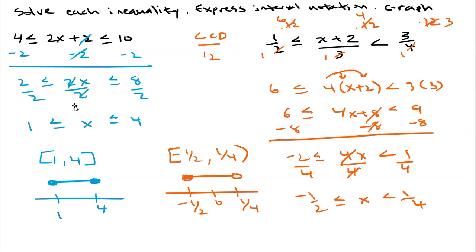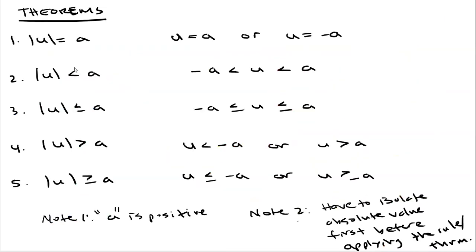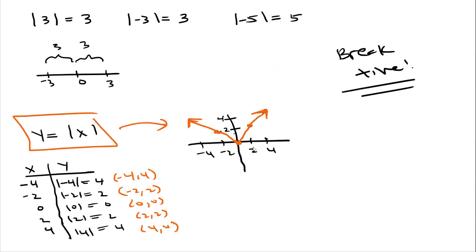The other part was now you're introducing absolute value. So the graph of absolute value looks like a V shape, okay? If you take the absolute value of any number, it becomes positive, right? So the absolute value of 3 is a positive 3. The absolute value of negative 3 becomes a positive 3.